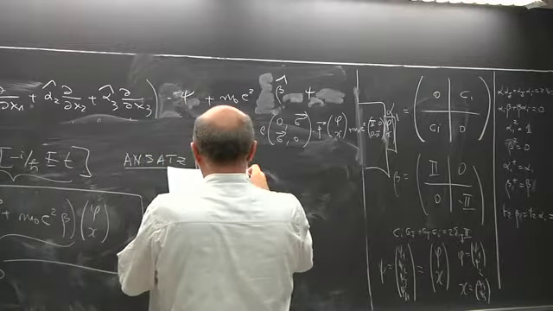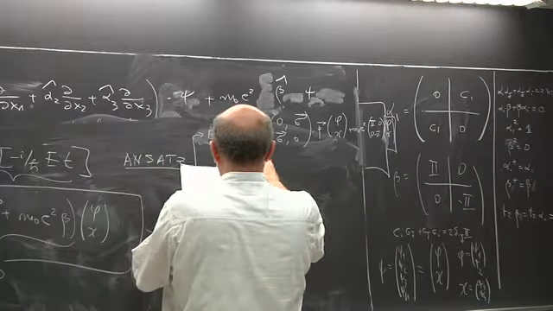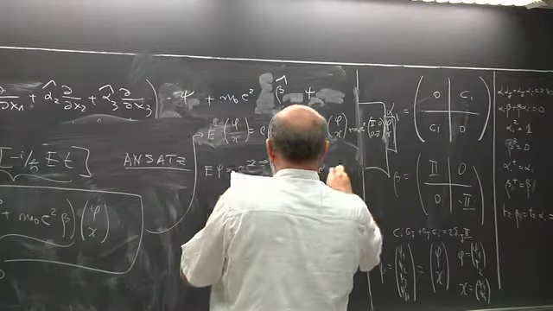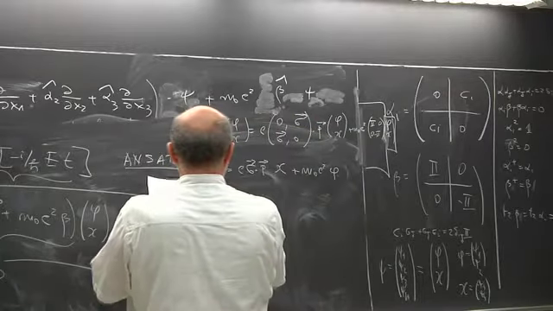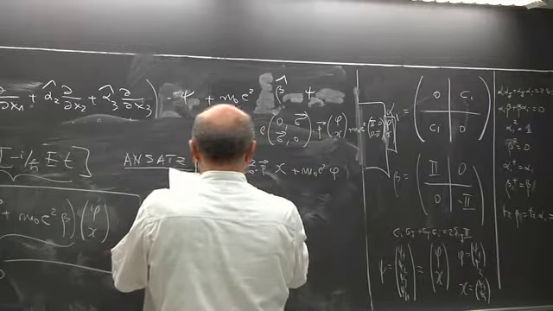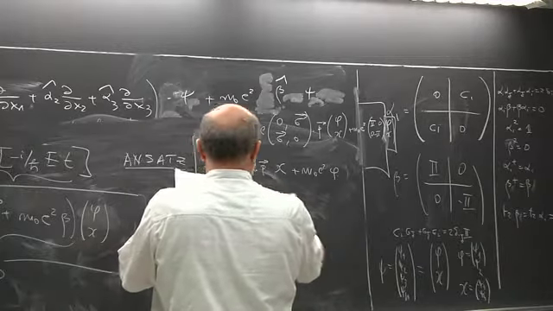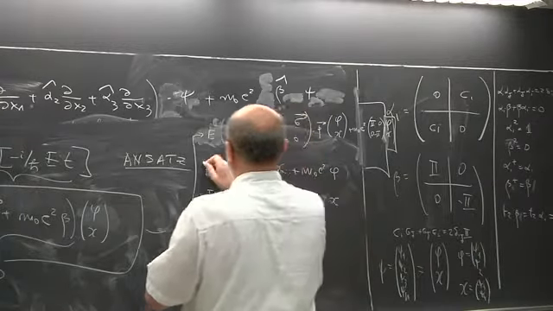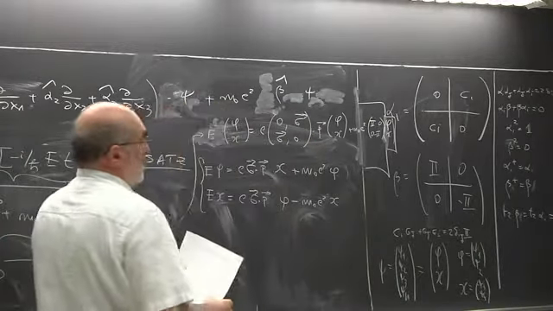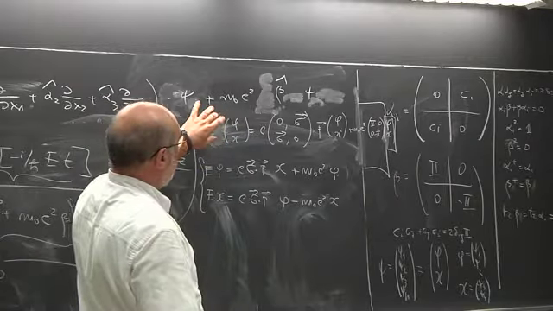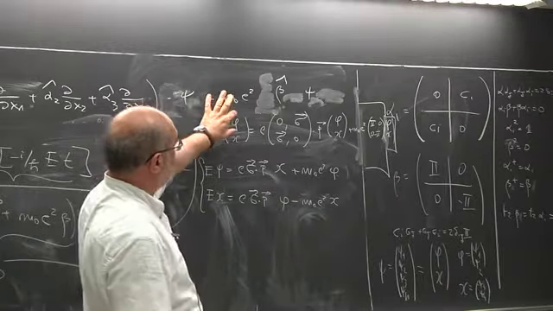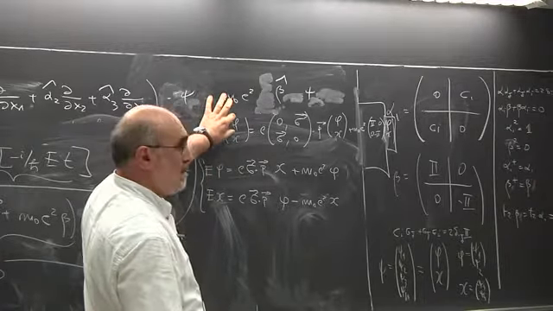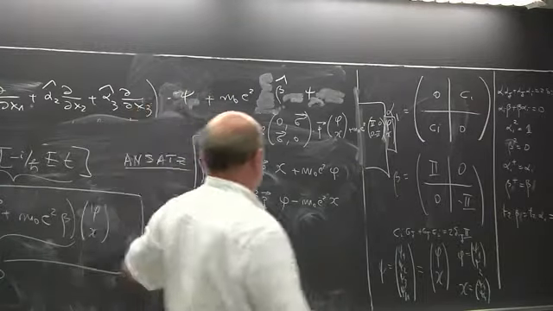E phi equals C sigma dot P chi plus M0 C square phi, and then you have E chi equals C sigma dot P phi minus M0 C square chi. Okay, so what I have done, this is a 4 by 4 thing, and I equate component by component, but these objects are 2 by 2, so you get the upper equation is this and the lower equation is this.